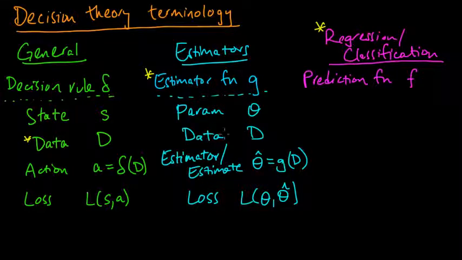On the other hand, when the data is fixed and non-random, if you observe some particular data, then the value of theta hat that you get by evaluating g, the estimator function, on that data, we call an estimate.